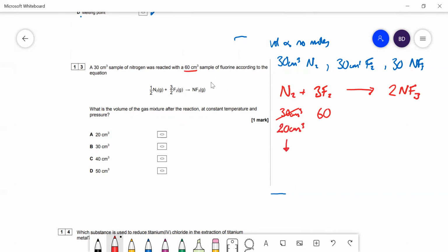So that means we're going to have 10 centimeters cubed of it left over at the end. Right, 60 centimeters cubed of F2, so there's a 3:2 ratio, so that's going to give us 40 centimeters cubed of NF3. So the total volume is 40 plus 10 at the end, which is 50.